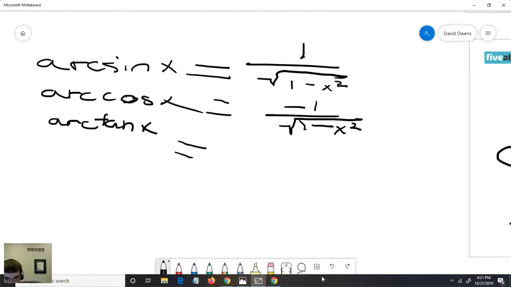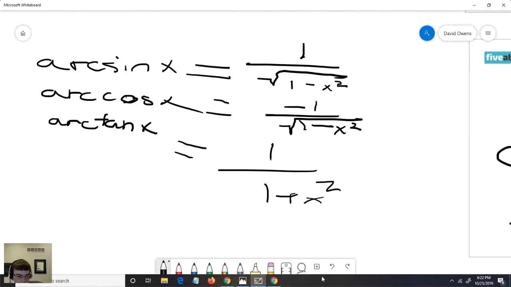And the arctangent of x is just 1 over 1 plus x squared. And like I said, in class you might have found the derivatives using trig. You can see that they're basically just applications of the Pythagorean theorem here.